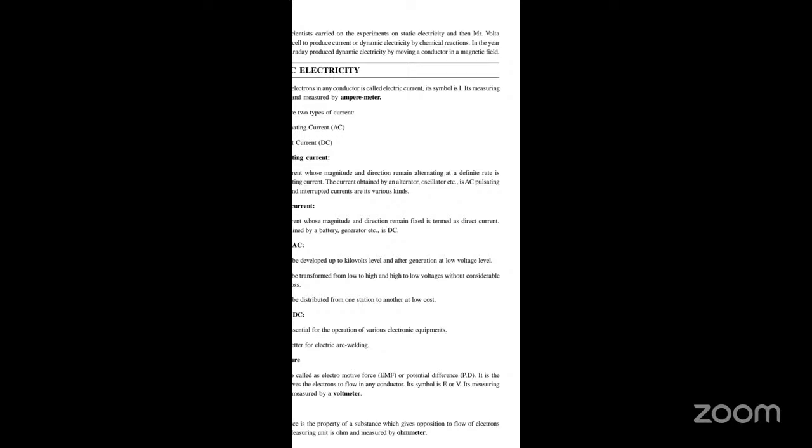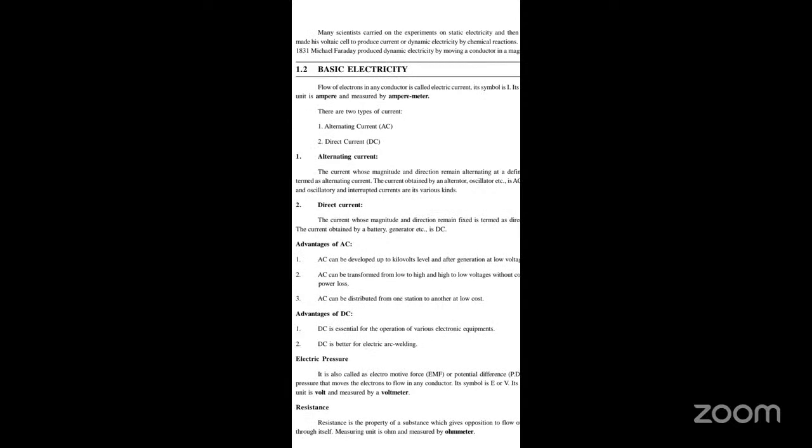A conductor carrying current in a magnetic field produces current. According to Faraday, dynamic electricity is produced by moving a conductor in a magnetic field.